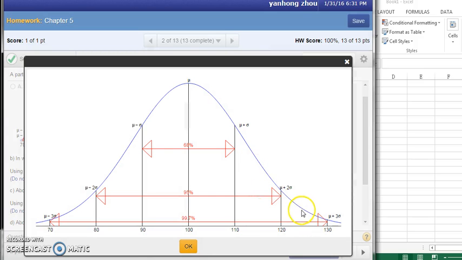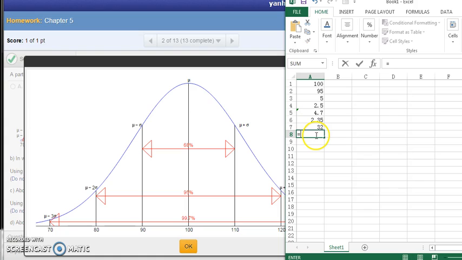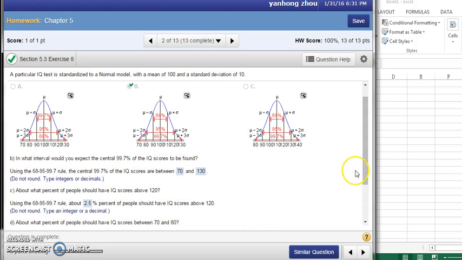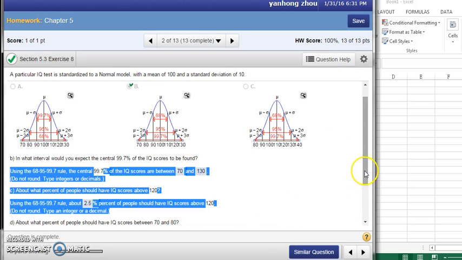Only one side. So you're going to divide this 32 by 2. You will get 16. This says 16% of the data is greater than 110. Okay. If you look at this, you will see that it's 16.